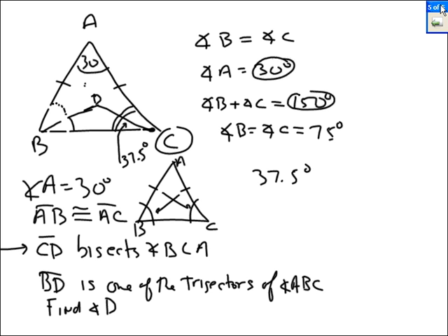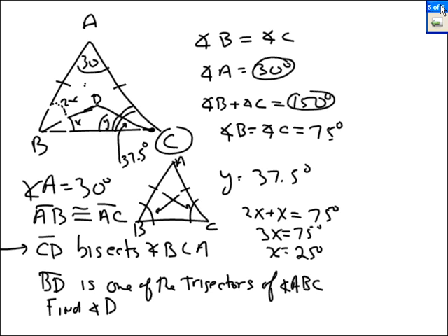That's 2 times. This is 2x, and that's x. And we know that 2x plus x is 75 degrees. That is 3x is 75 degrees. 3 times 25 is 75. So x is 25 degrees. And if I call this angle y, y is 37.5.